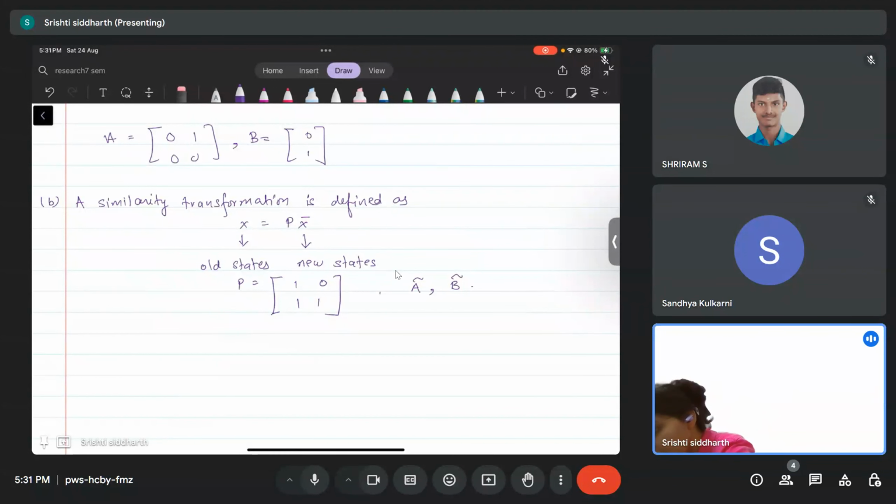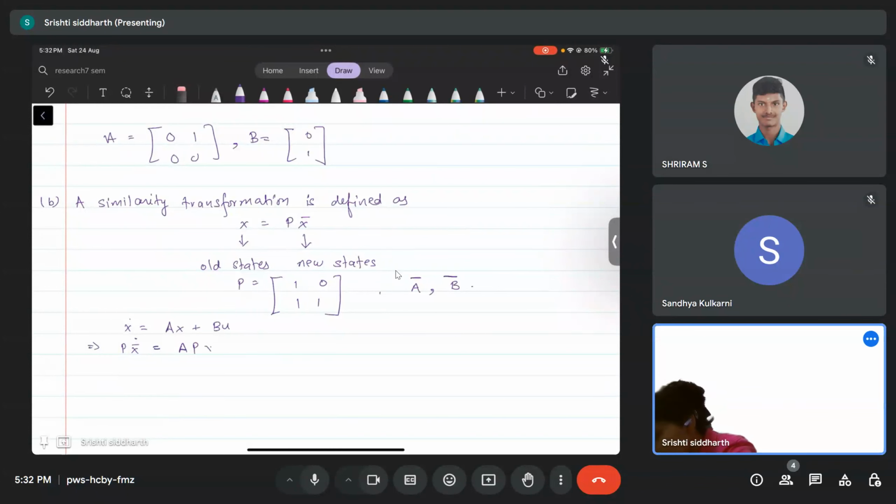Okay, so let's first figure out what these are going to be. We have x dot equals Ax plus Bu. This implies we have x bar dot. Just following the notation, let's say these are A bar and B bar for the state x bar. So we have A x bar plus B u, and we have to substitute for x.